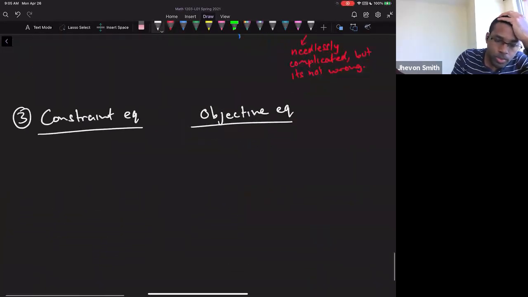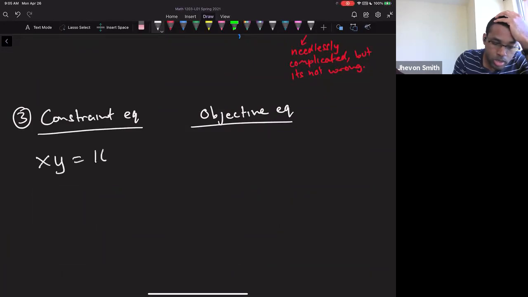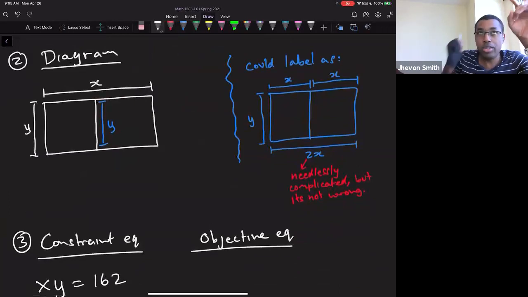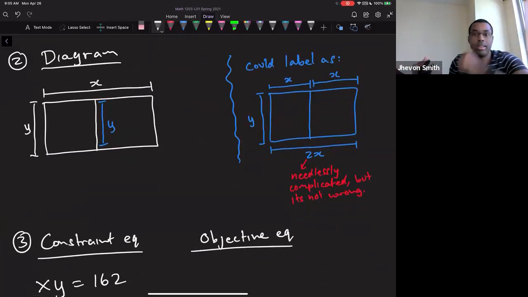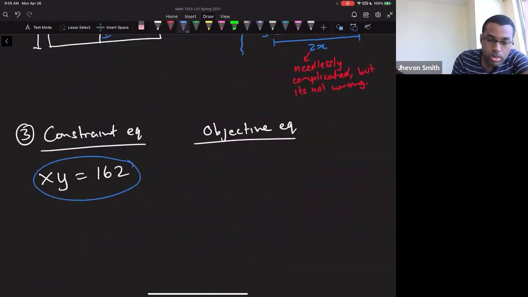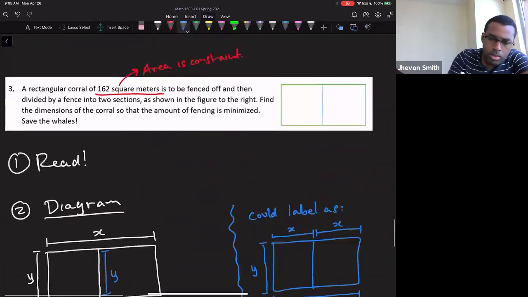So here, this means that x times y equals 162. Had you labeled it like the diagram on the right, you would have 2xy equals 162, then you divide by 2 and then use that equation. But here I can just go x times y equals 162. That's my constraint equation.